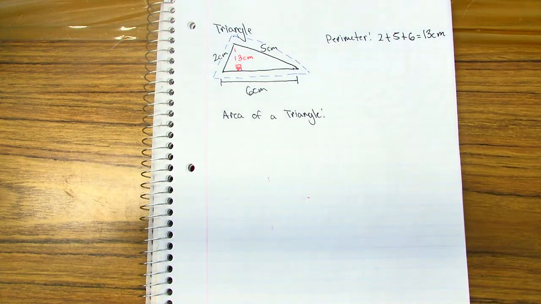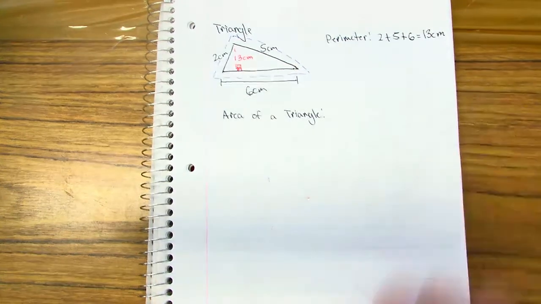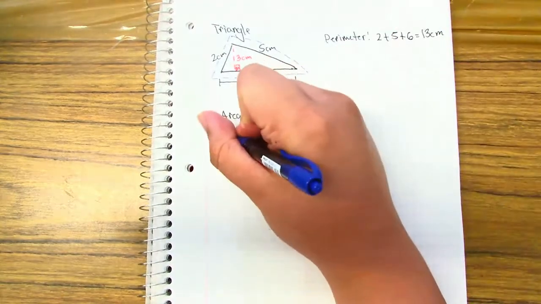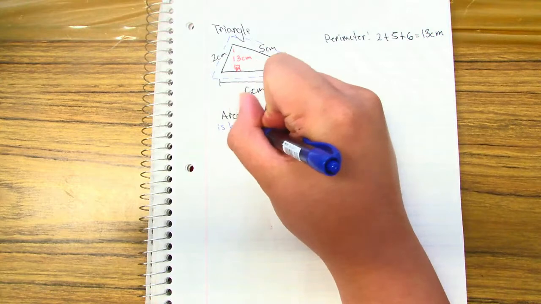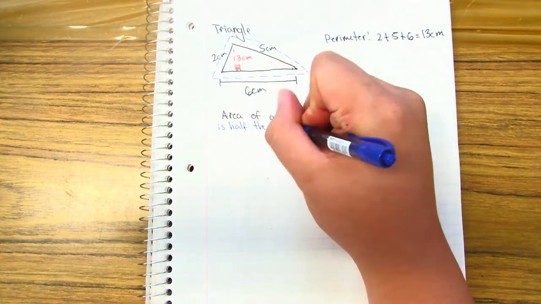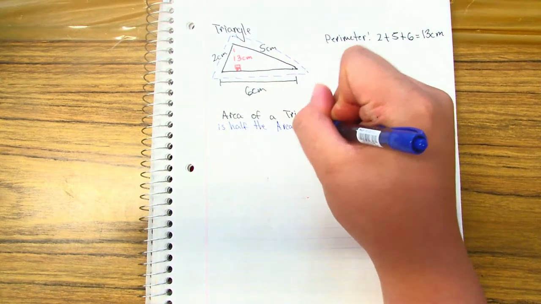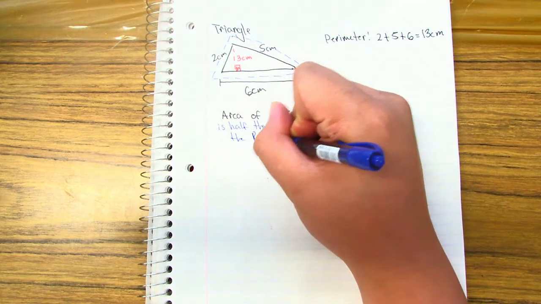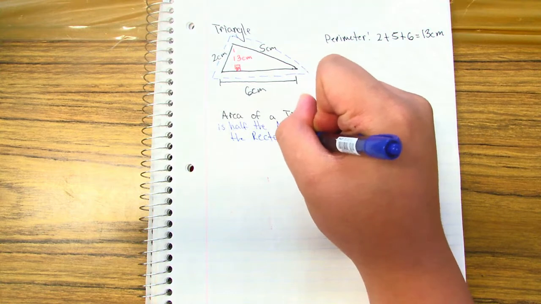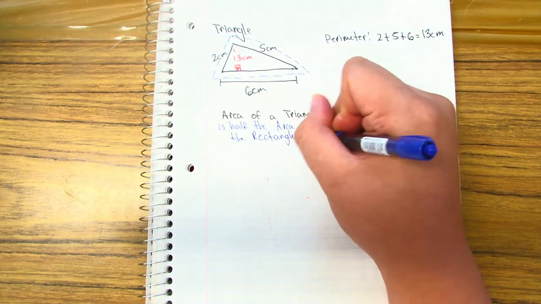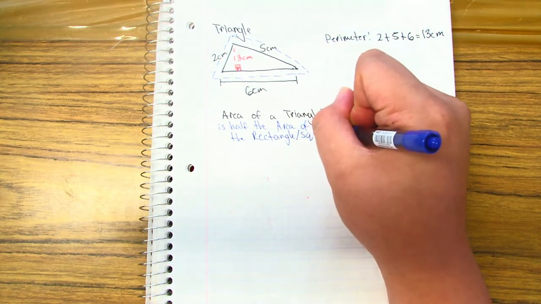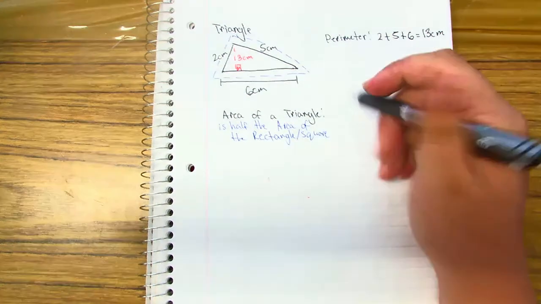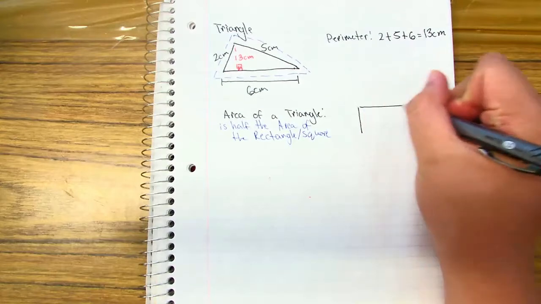The area of a triangle is technically half the area of the rectangle or square. What does that mean though? I'm going to explain that, of course.